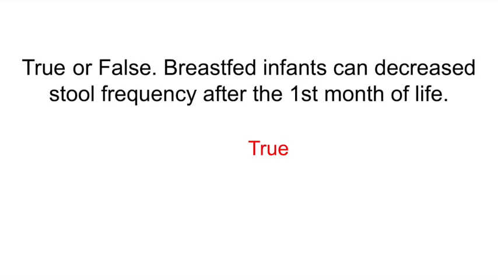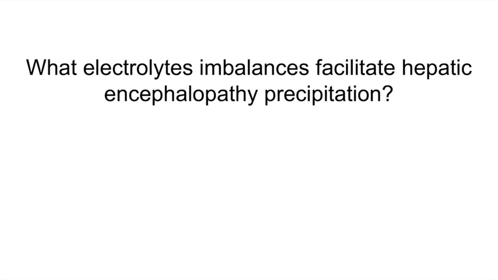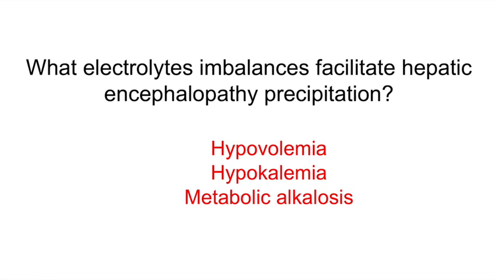What electrolyte imbalances facilitate hepatic encephalopathy precipitation? Hypovolemia, hypokalemia, and metabolic alkalosis. So, hypovolemia is one of the most common precipitants of hepatic encephalopathy. And for hypokalemia, what this does is facilitate the conversion of ammonium to ammonia.